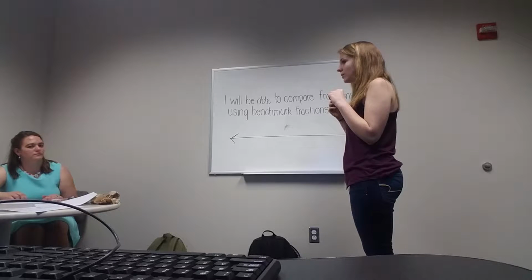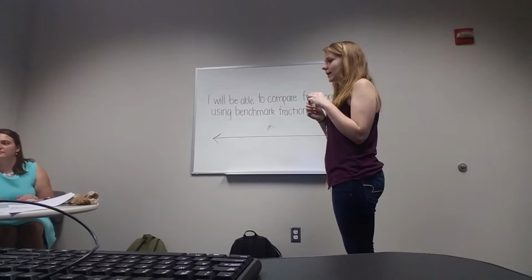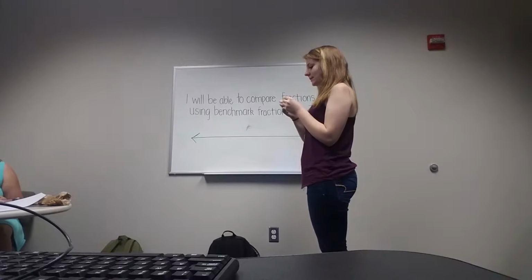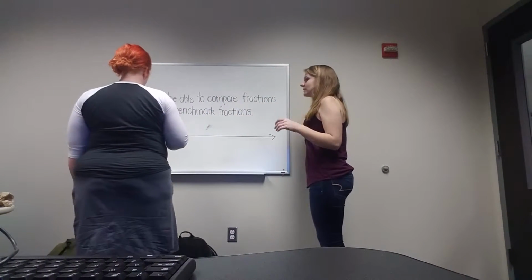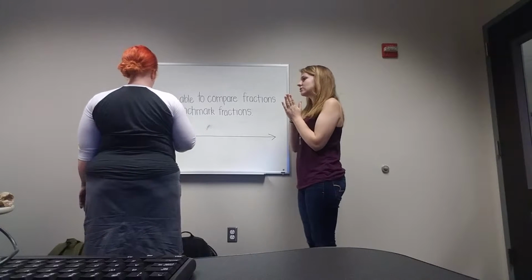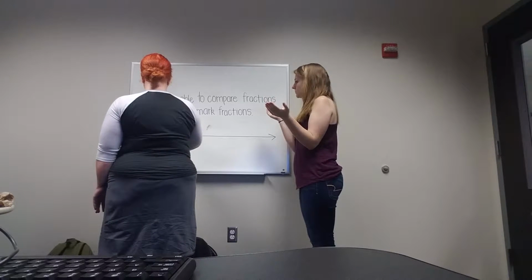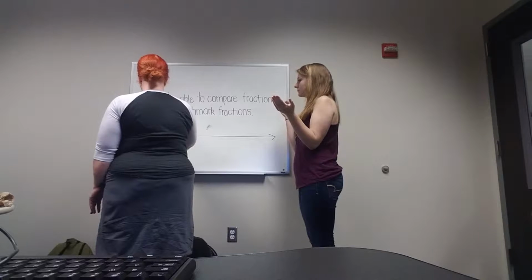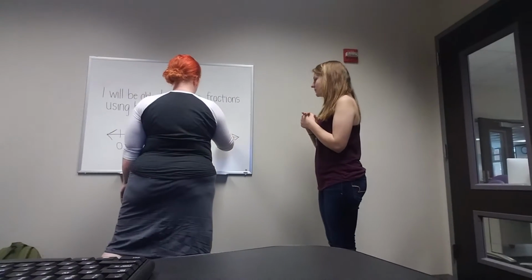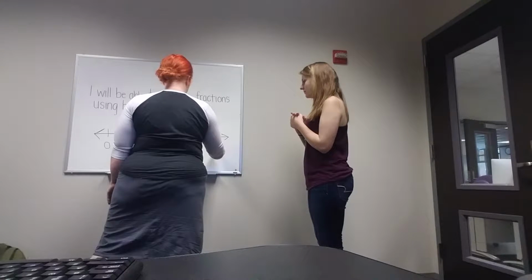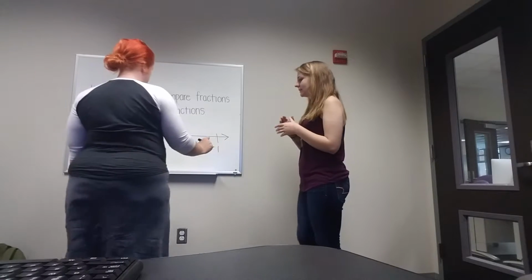Who wants to give that a go? Melissa, yeah, of course. Can I just put it anywhere I want? Yeah, do what you think is going to make sense. If we're going to plot some fractions between 0 and 1, where do you want to put 0? Awesome, that's exactly where I would have put it. And then 1. Yeah, awesome, right at the other end.